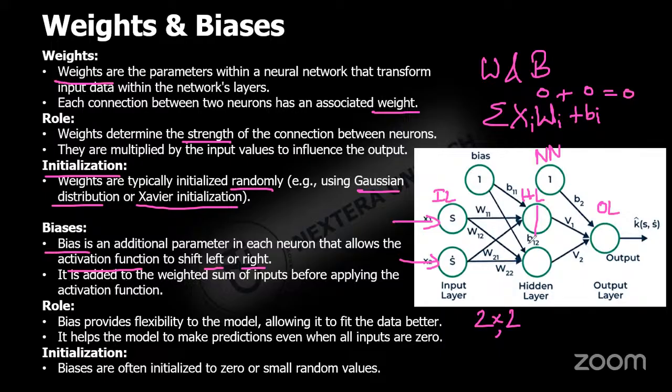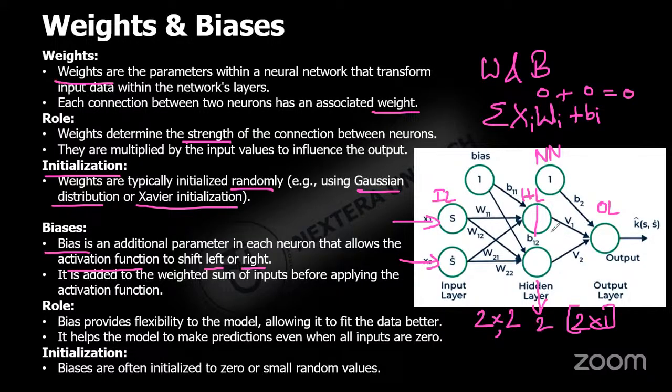But bias will be only 2. Why 2? For one neuron, only one bias is initialized. How many neurons do you see here? Only 2, so the number of biases initialized will be 2. If you go to the next layer, tell me the weight matrix. It will be 2 multiplied by 1: 2 neurons in the hidden layer, 1 neuron in the output layer.